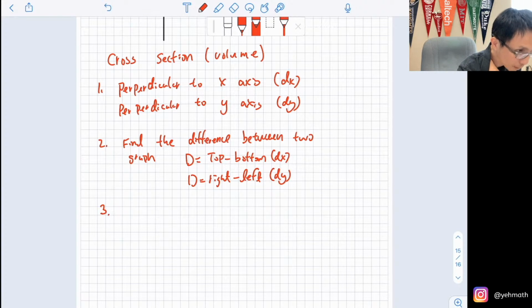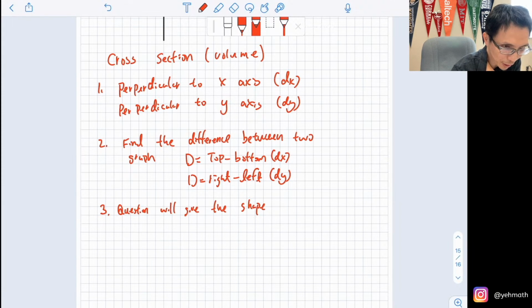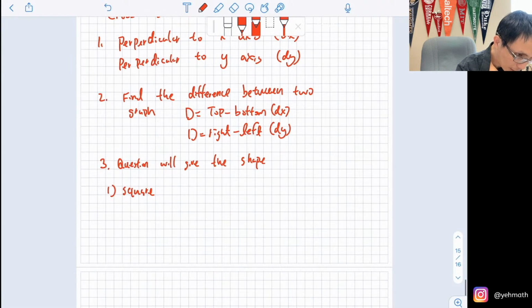Third, the question will give the shape. They will say every base perpendicular is going to be a certain shape. There are a few popular shapes. The first popular shape is called a square. The second most popular is actually the semicircle.